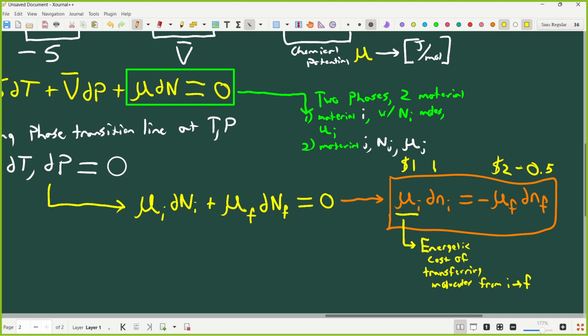What we're going to see is that the chemical potential, in fact, we're going to see when we get to equilibrium, so I'll write this as a spoiler.